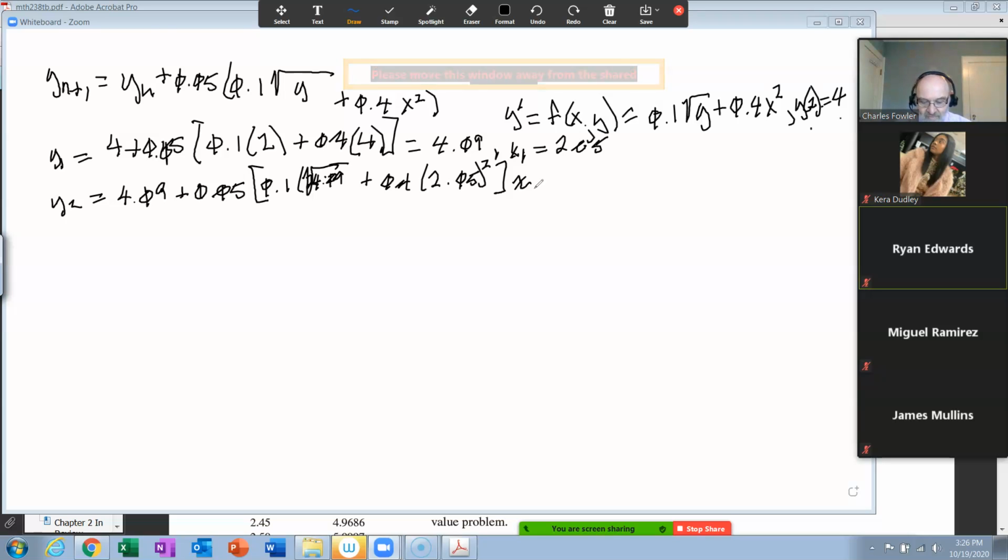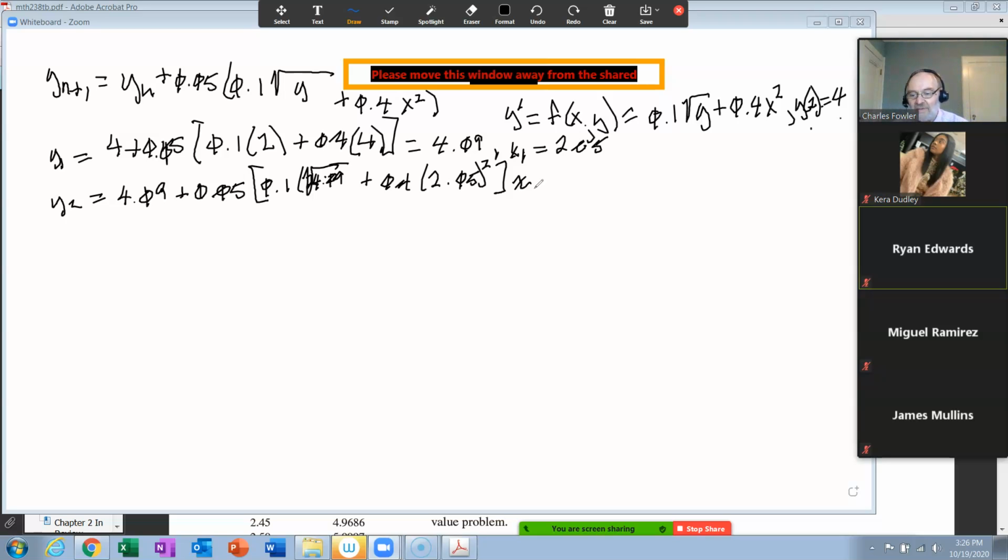Okay, so let me get my calculator back on. There was my y1, 4.09. I'm going to have to turn it sideways to get it to scientific mode.